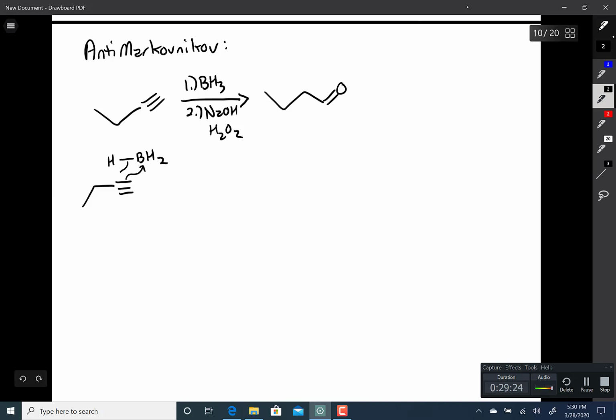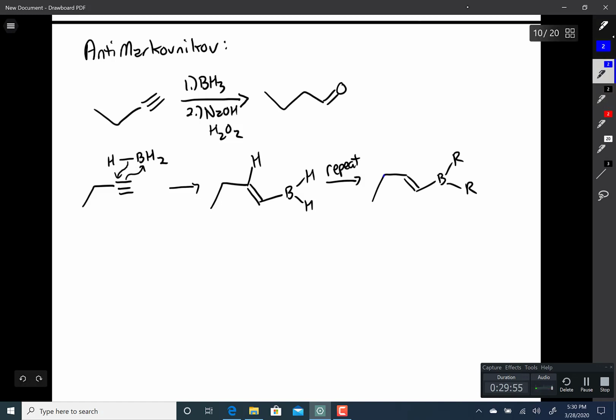The electrons from the BH bond go to the more substituted side. And as a result, you get a cis addition of hydrogen and a boron. And you have two more BH bonds. So you repeat this process and replace those H's with R groups. In this case, the R group is just this blue piece. Repeat it again and again.